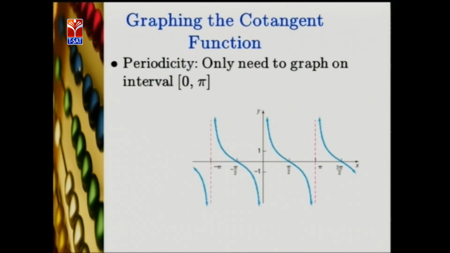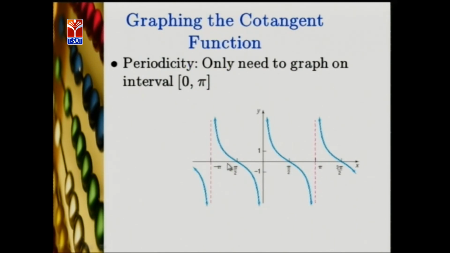And coming to x-intercepts and y-intercepts, we are getting the x-intercepts at every odd multiple of pi by 2. And the y-intercept will occur at only one point, that is infinity.